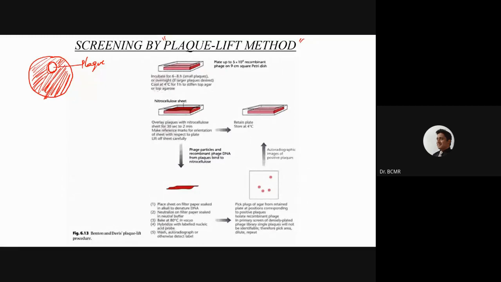So you make the plaques, then you lift the plaques using a nitrocellulose sheet, same as the filter you have used before, and you retain the plate. You just take the sheet, and then you treat it first with alkali to denature DNA.